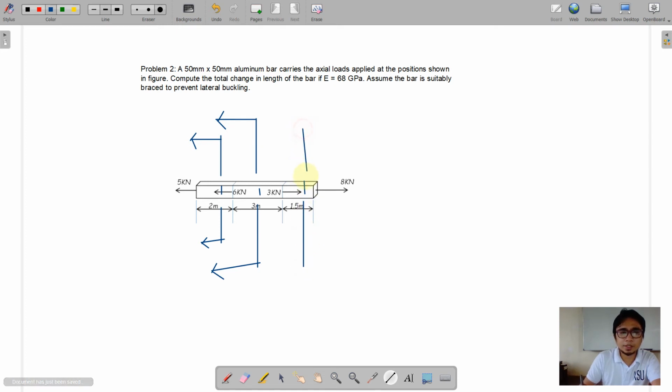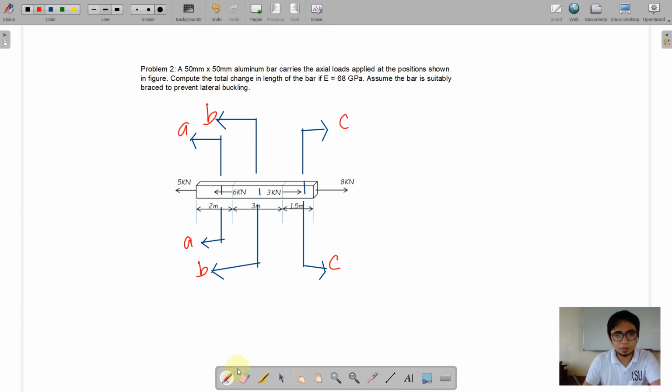This time it is much more convenient to consider the right portion. So let us label all the sections. Say this is section AA, this is section BB, and this is section CC. So this is the bisection method.